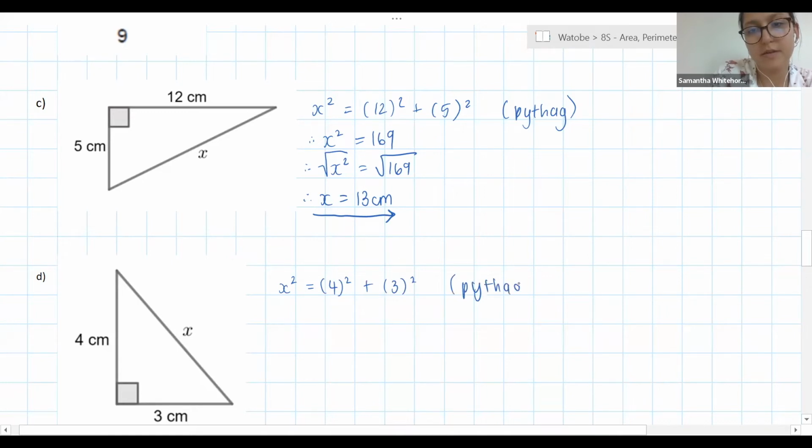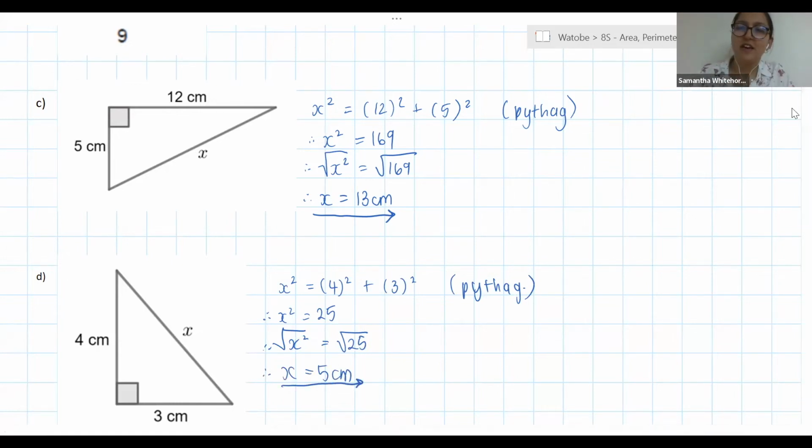So I said x squared equals the square root of 25. Good. Then I got the answer of 5. Perfect. 5 what? What should our units be? 5 centimeters. Fantastic. Well done. Yes, ma'am. Excellent. Okay, guys, so there we go again. We have got 5 centimeters for our question D.